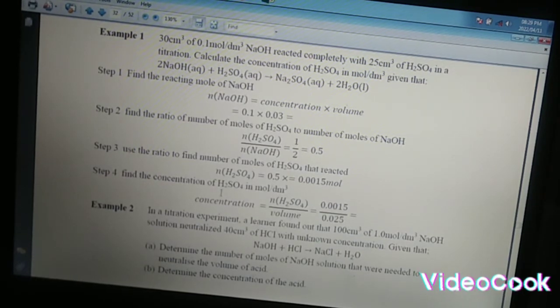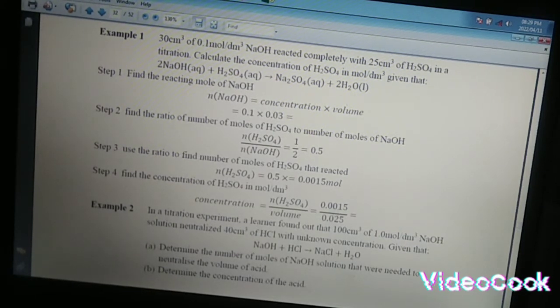And then step number 4. Find the concentration of sulfuric acid in moles per cubic decimeter. So what is concentration? It's moles over volume. The volume we were given was 25 cubic centimeters. So concentration is moles over volume. Our number of moles, we calculated and got 0.0015.